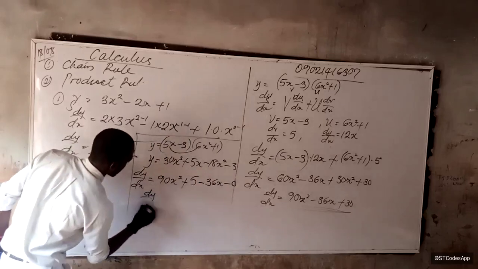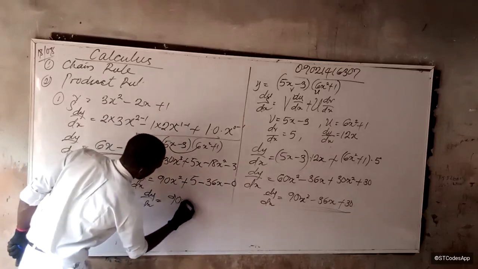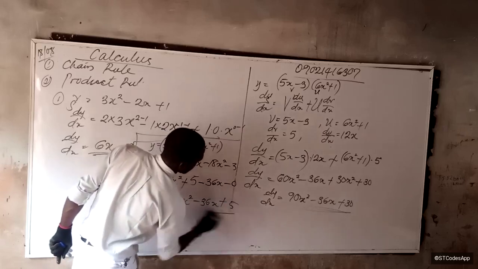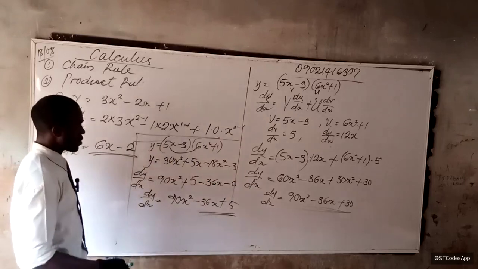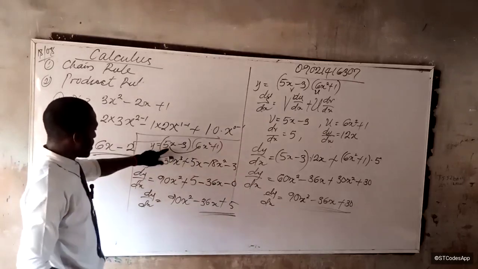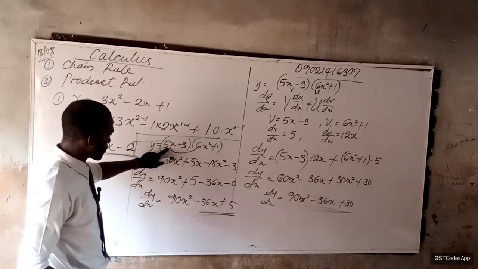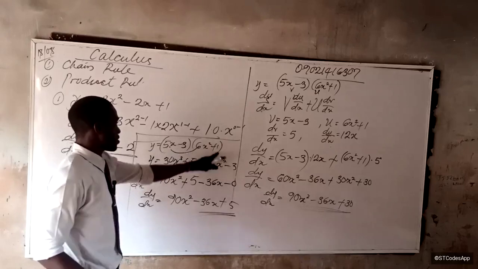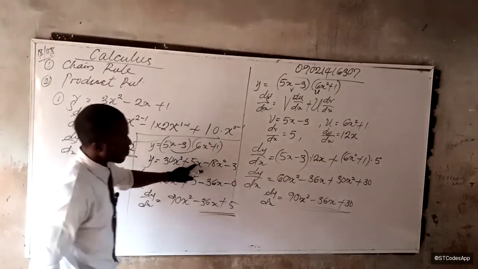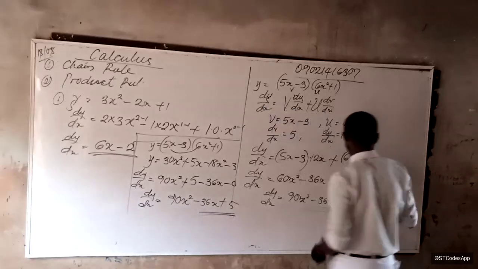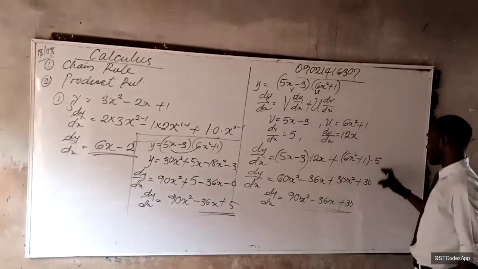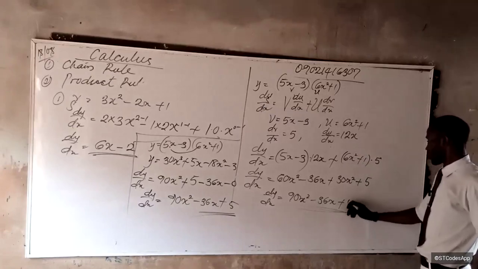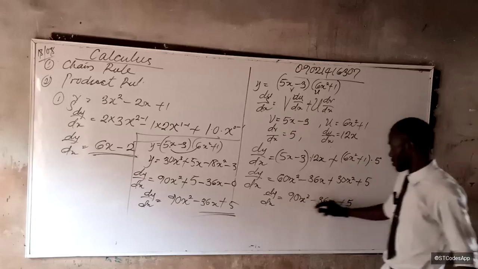So dy/dx therefore becomes 90x squared minus 36x plus 5. Okay, I think I made a mistake earlier: 5 times 1 is 5, not 30. So you see, they're equal.